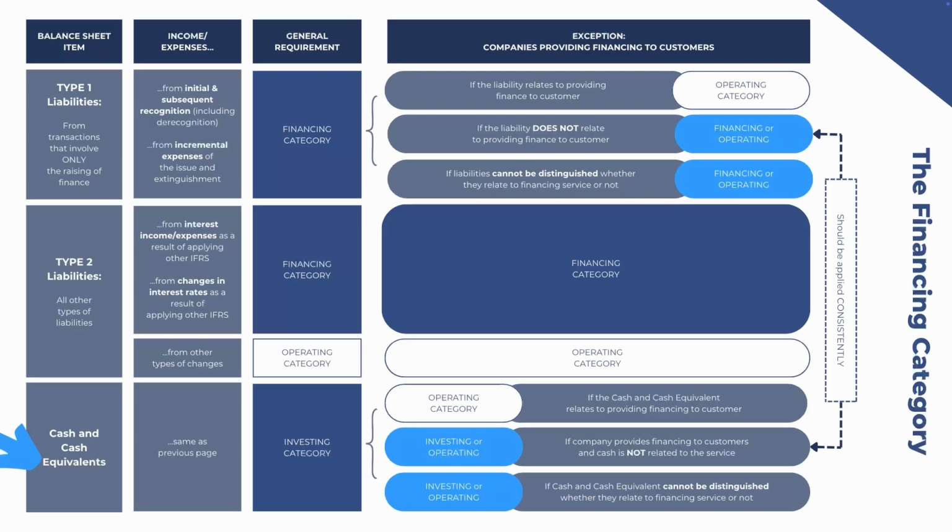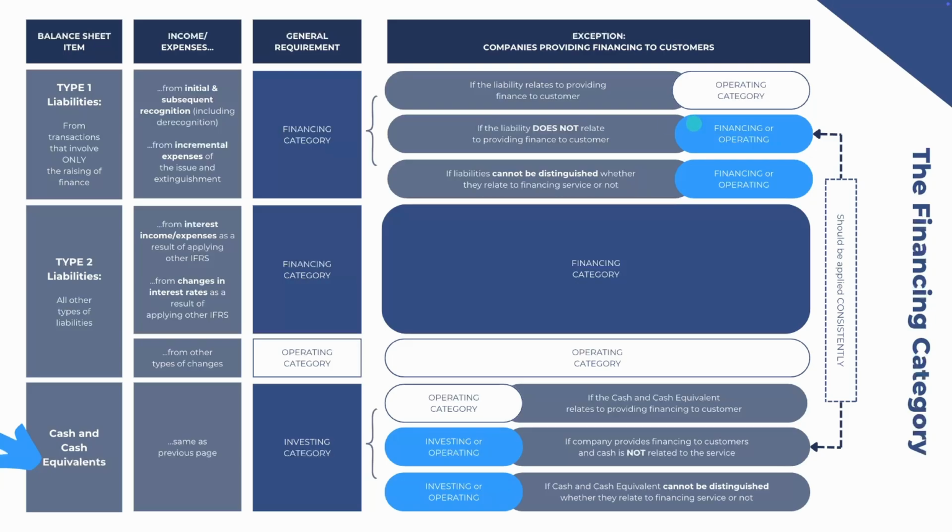What are the liabilities related to providing financing to customers, and what are the liabilities that are not related to financing to customers? You have the option of putting the income and expenses into financing or operating. So you have to be careful, because if you chose financing here, then you have no problem. All the previous discussions are still applicable.